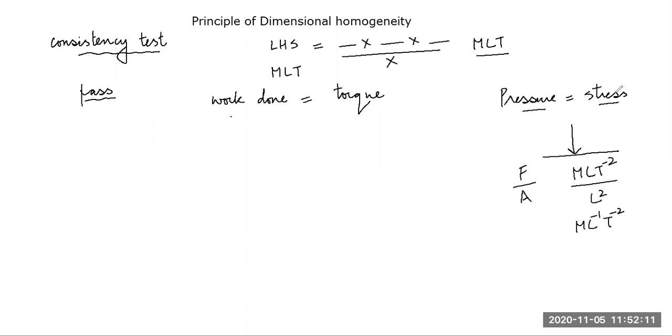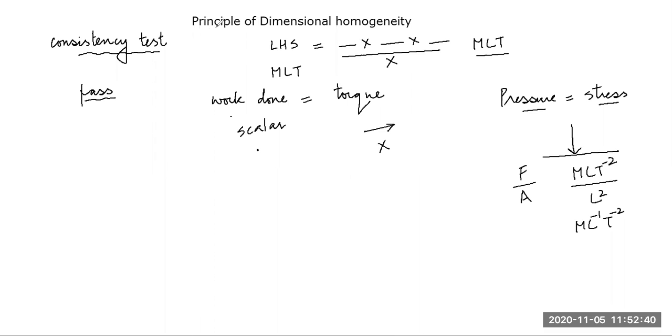Well, the stress also has the same indices of MLT on the right hand side, but that doesn't mean the equation is correct. Similarly, work done and torque. Torque is a vector quantity and work done is a scalar quantity. Torque is expressed by cross product and work done is expressed by dot product. So, even if the equation passes the consistency test, the equation may be wrong.